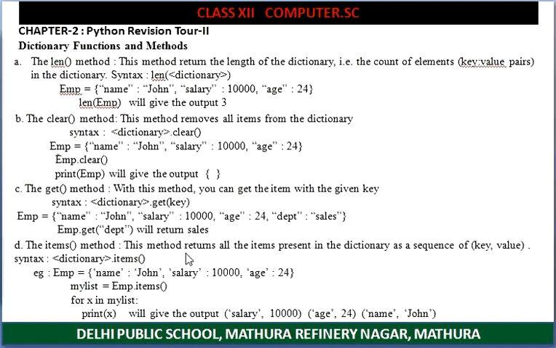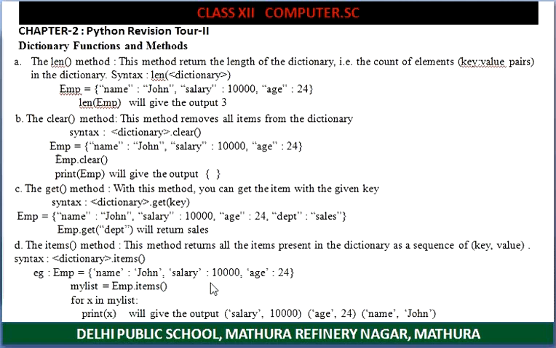Next, items method. This method returns all the items present in a dictionary as a sequence of key value pairs. So it will return all the pairs in a sequence. Here EMP is a dictionary and it contains 3 pairs: name John, salary 10,000, age 24. My list is equal to EMP dot items.